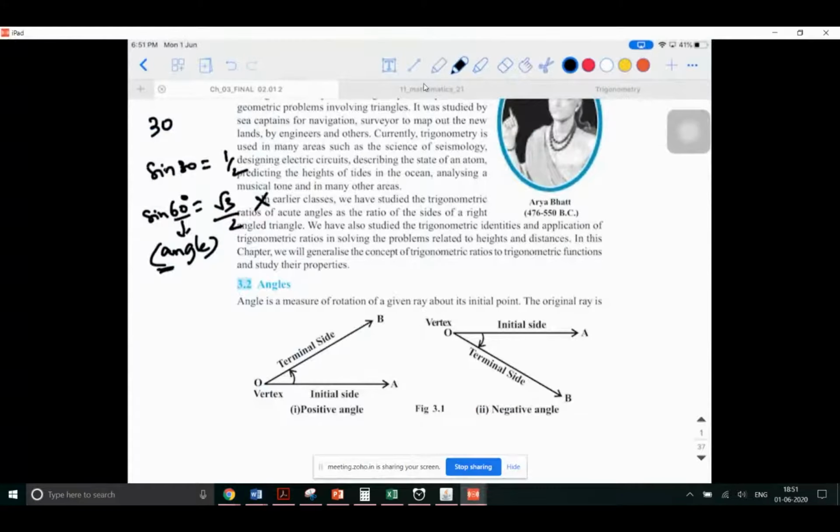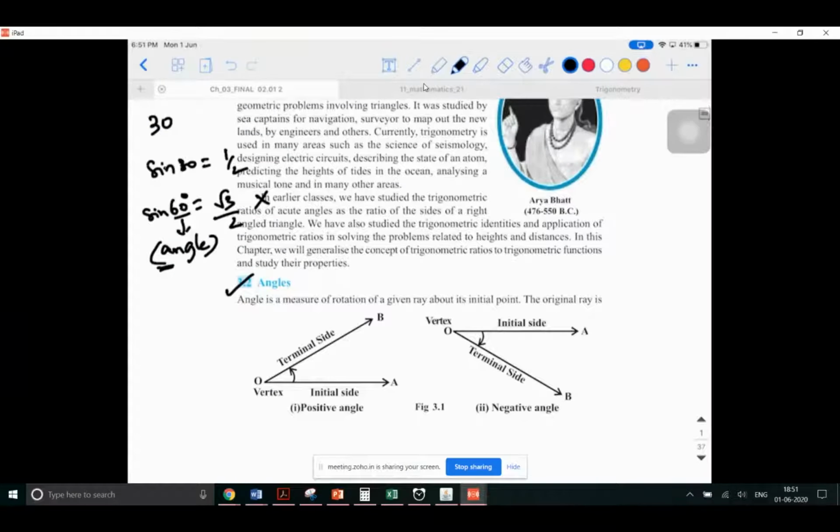If you look at my screen, the very first topic that is given is angles. Now you would have visualized what exactly angles mean. If you have two rays, rotating one ray with respect to another gives you the angle. I can measure the angle in degrees with the help of an instrument. What is the instrument?